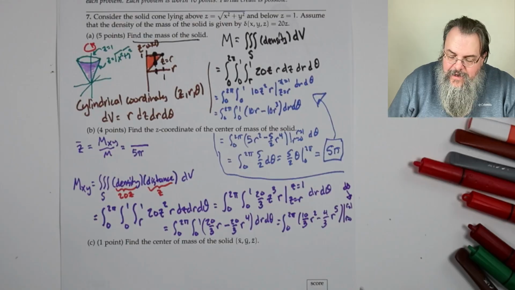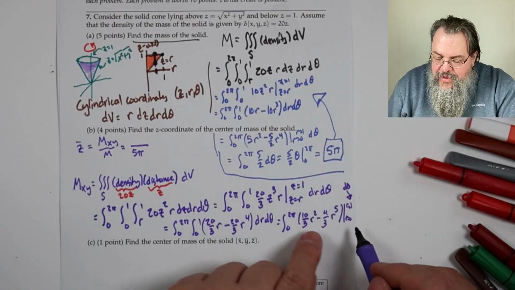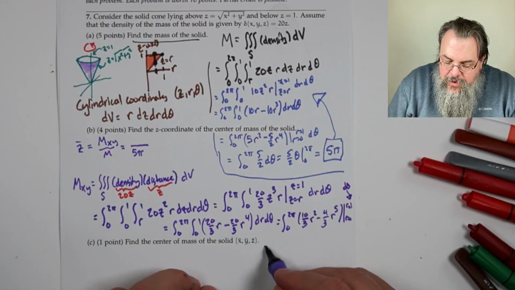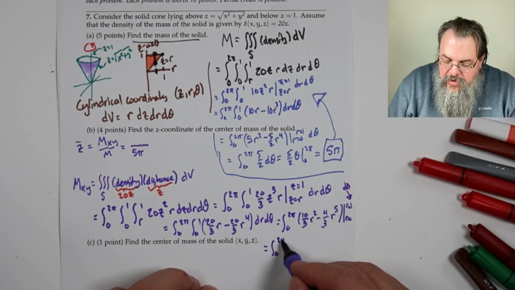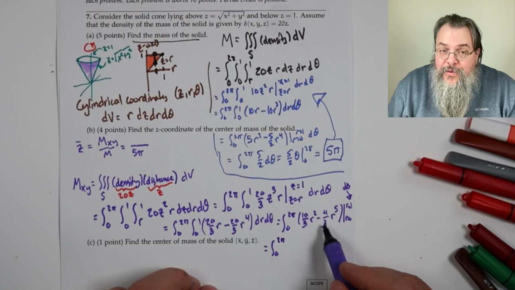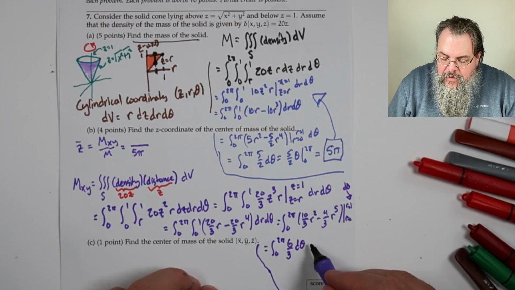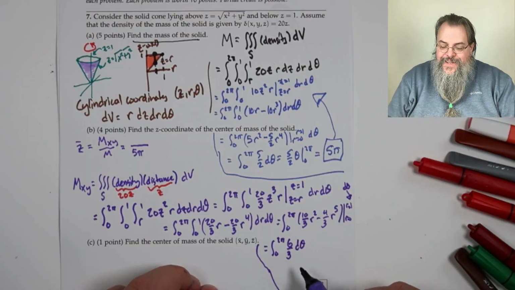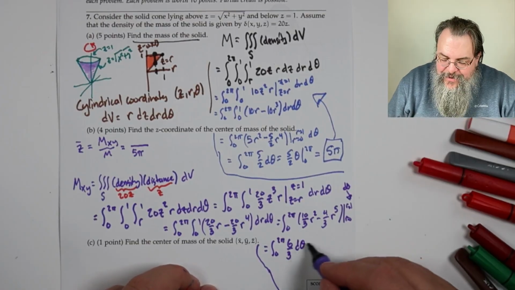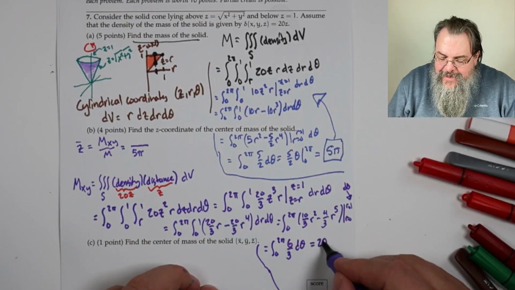Okay, now we plug in. Plug in 0, get 0. Plug in 1. Well, you get 10 over 3 minus 4 over 3. That's 6 over 3. And now we're in the home stretch, right? Because 6 over 3 is what? It's 2. And the integral of 2 is 2 theta.